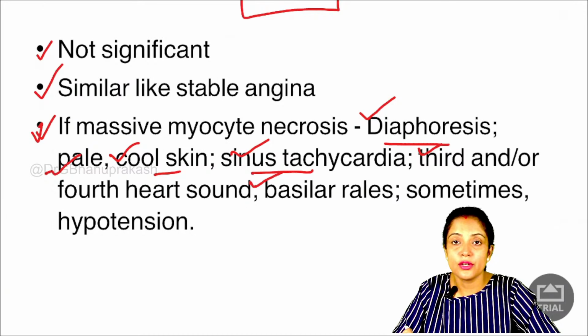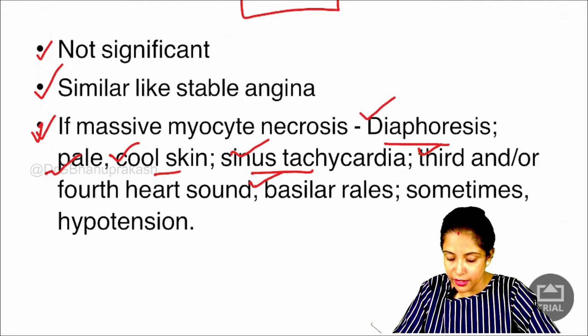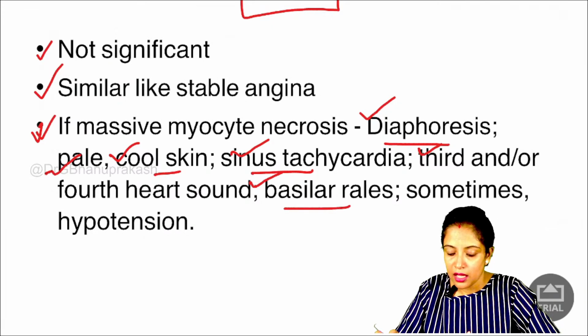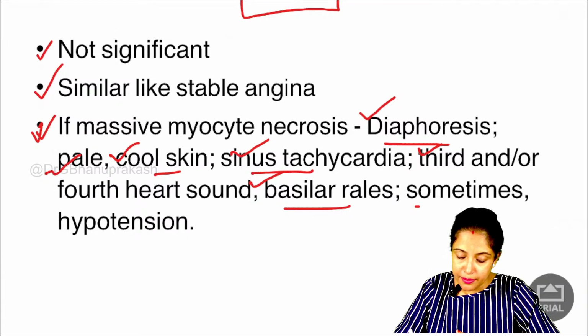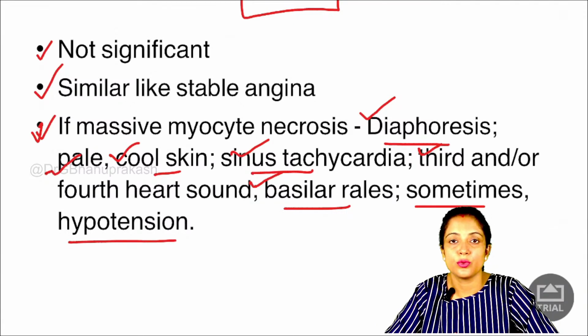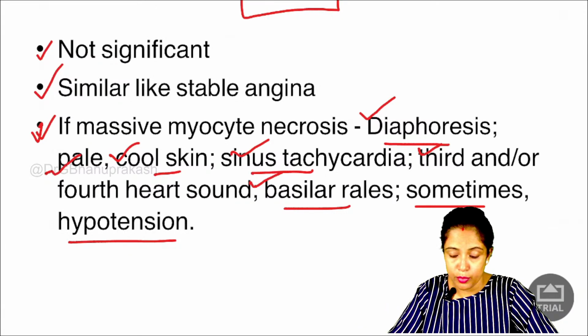Basilar rales are a sign of cardiac failure or heart failure. So there may be signs of heart failure such as basilar rales or fine crepitations. Sometimes there may be hypotension also. Most of the time, if there is involvement of the inferior wall along with the right ventricle, patients usually tend to develop hypotension.